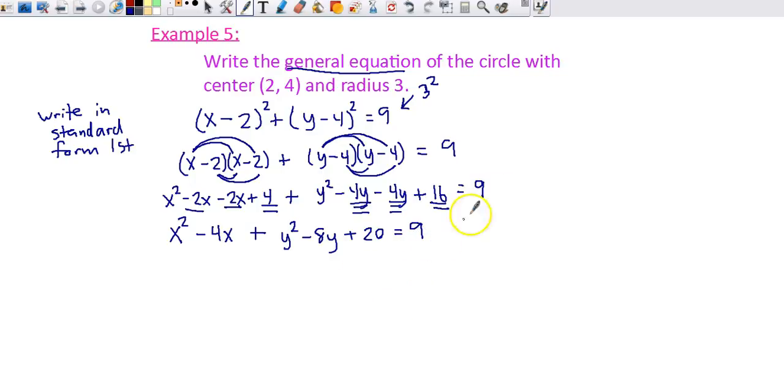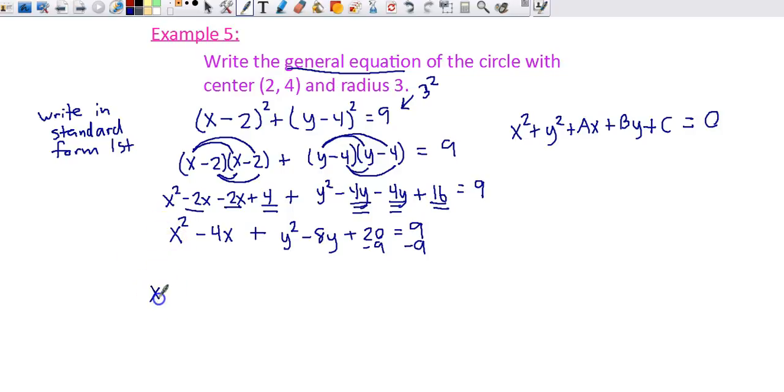And our last step is to arrange it. Remember, it has to look like this. So we want to put the squares first, the non-squares second, and then that constant number third, and get everything equal to 0, which means I want to subtract the 9, and I want to rearrange these.